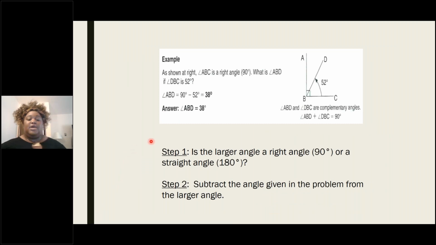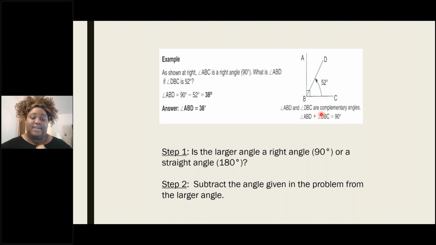So this slide is just going to tell us a way to solve problems that may exist when they're asking about the relationships between the angles. So the example here tells us, as shown at right, angle ABC is a right angle, 90 degrees. What is angle ABD if angle DBC is 52 degrees?